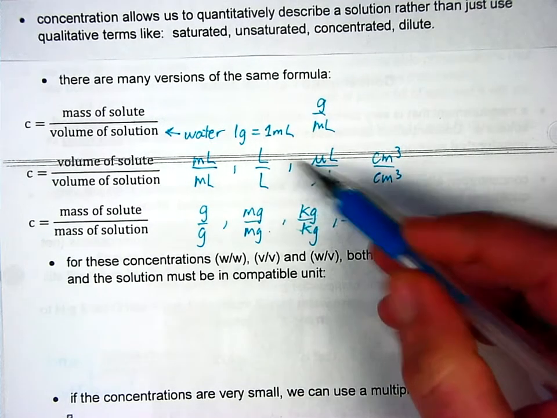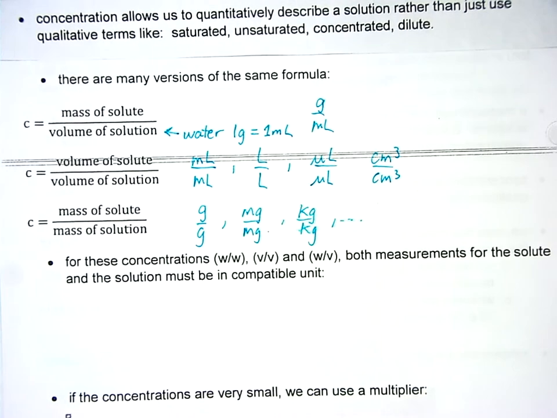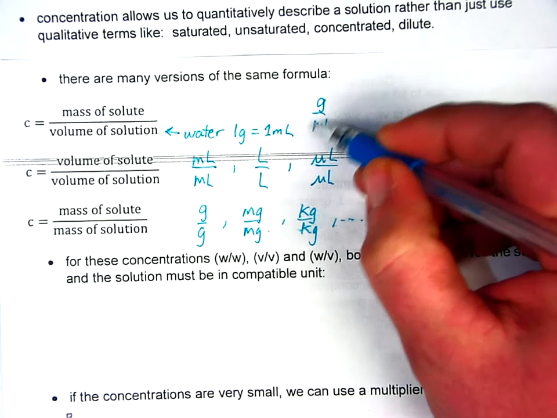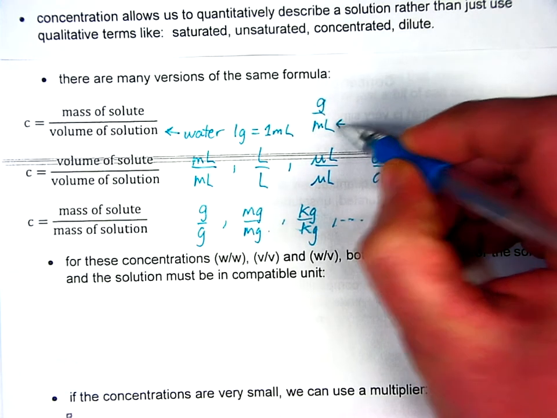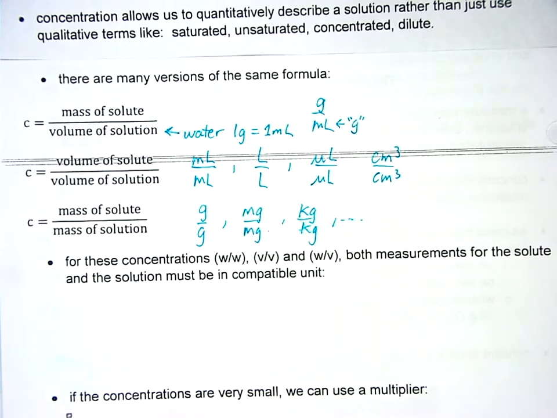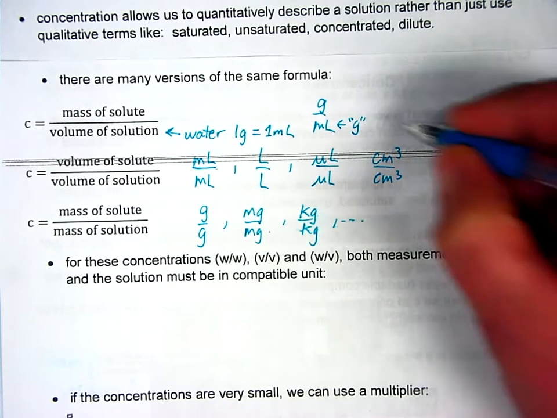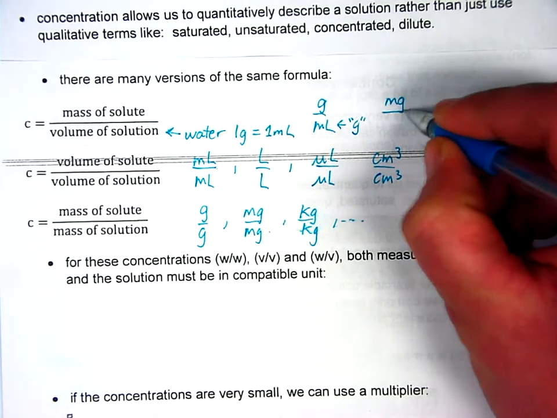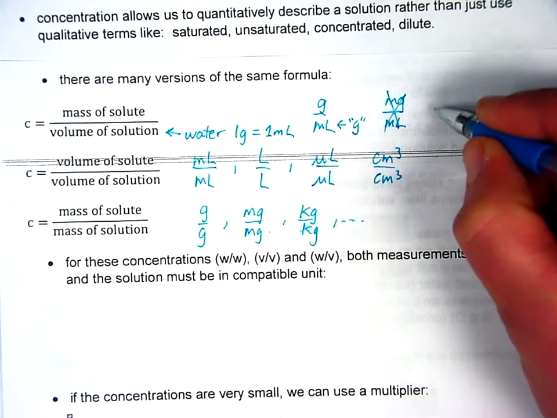The others have the same prefix, same units, because we're measuring the same thing. Here we're measuring water, and 1 milliliter of water is really 1 gram. That's why these end up being compatible. So we don't use milligrams to milliliters. That's not going to be any good.